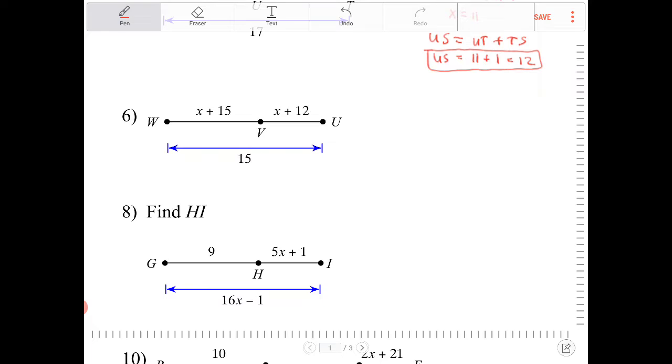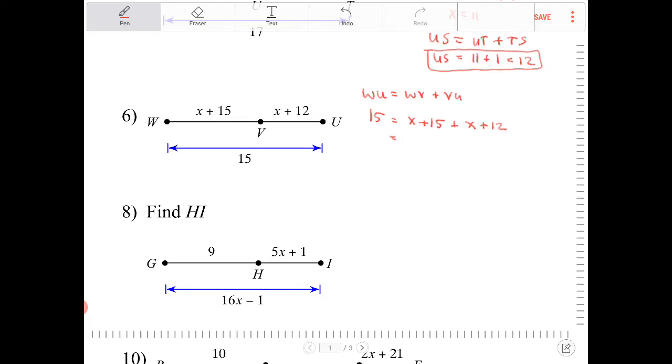This is where things get a little more challenging. So I know that WU is comprised of WV plus VU. WU is 15. WV is X plus 15. And VU is X plus 12. So this is just an algebra problem at this point.